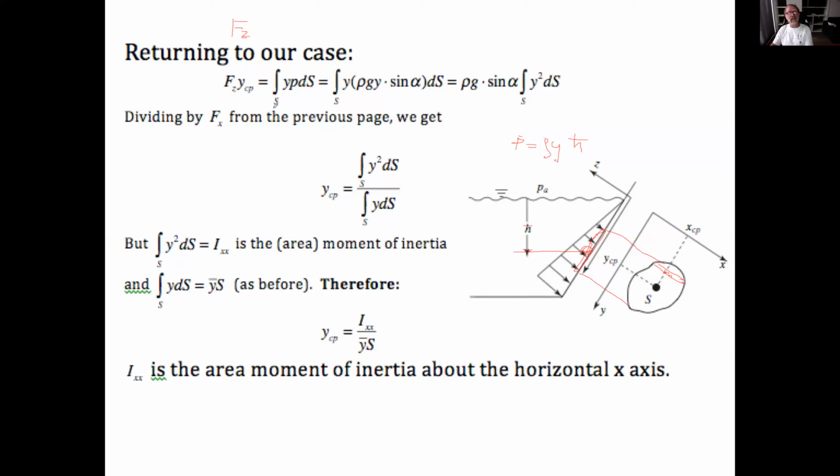Before we did x, and then we have to plug in the pressure. This is the pressure. Instead of h, we do y sine alpha, and then dS. We're not specifying dx, dy, but we end up with this integral. So it's very similar to what we ended up before, but the integral of y dS turned out to be the center of gravity, or the centroid.